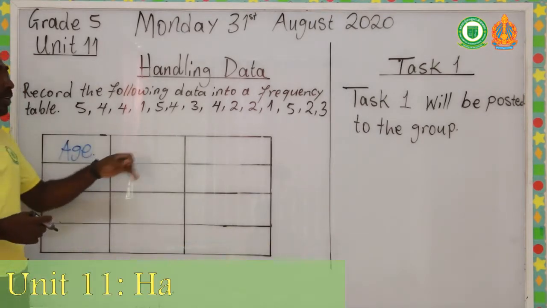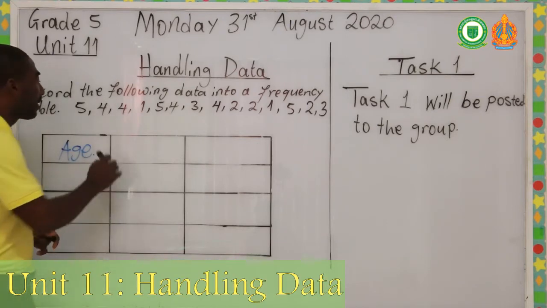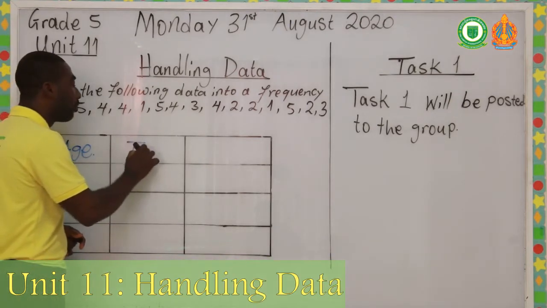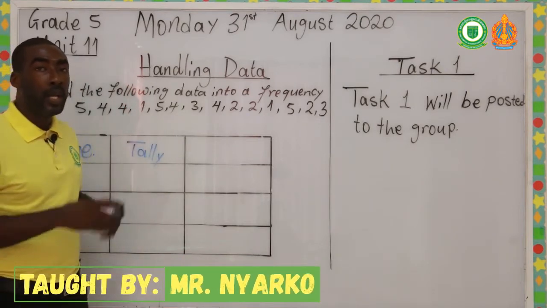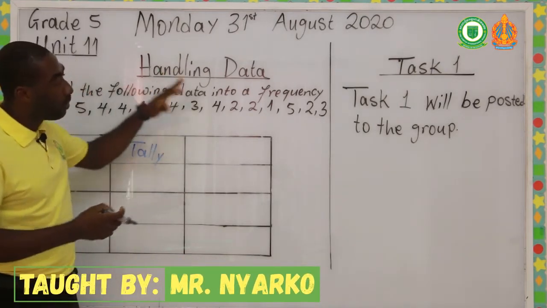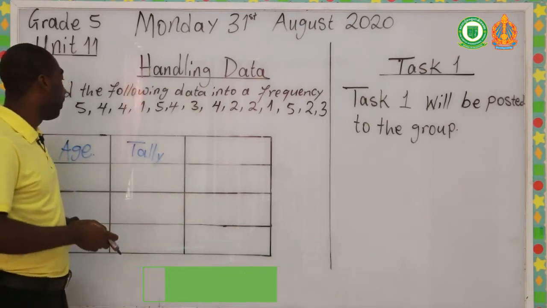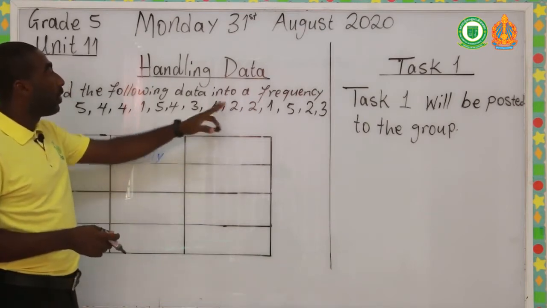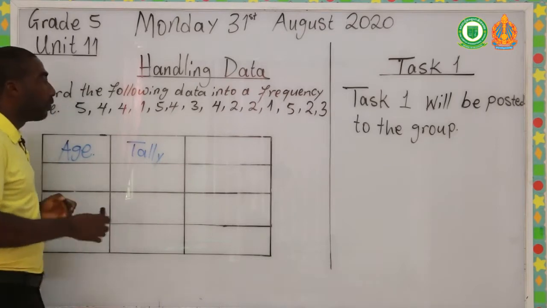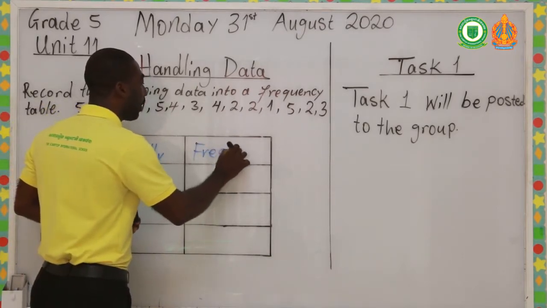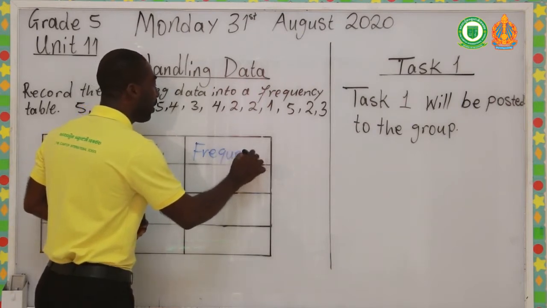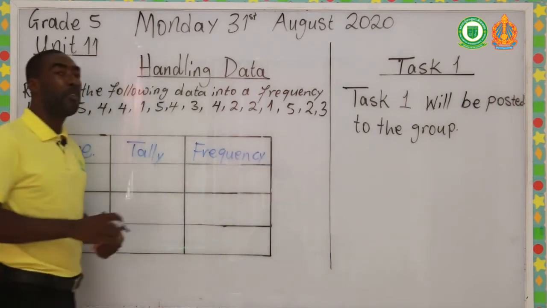The next item that you have to put on your table becomes tally, because we're going to use tally to do the tabulation. The next thing is that we are doing a frequency table, so your frequency has to be here.